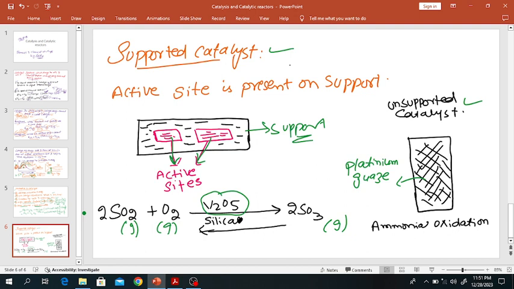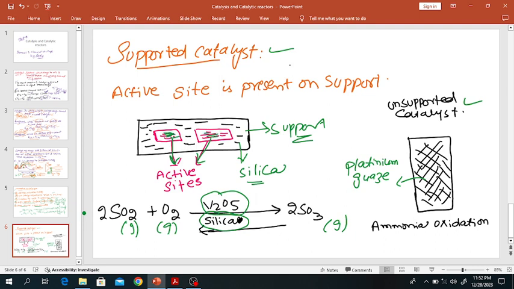The vanadium pentoxide is the active site, and this vanadium pentoxide is present on a support of silica. So silica is the support, and on silica we have active sites of vanadium pentoxide.